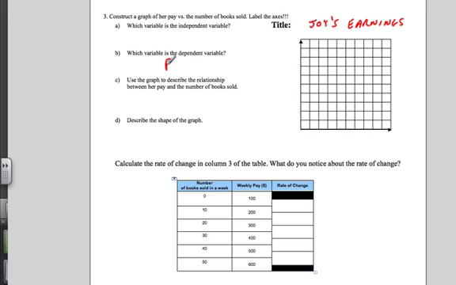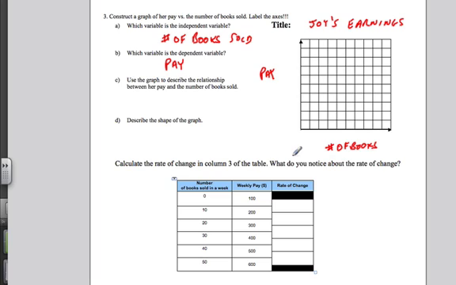So pay is our dependent variable, and number of books sold is our independent variable. So that means pay is going to go on our vertical axis, and number of books is going to go on our horizontal axis.